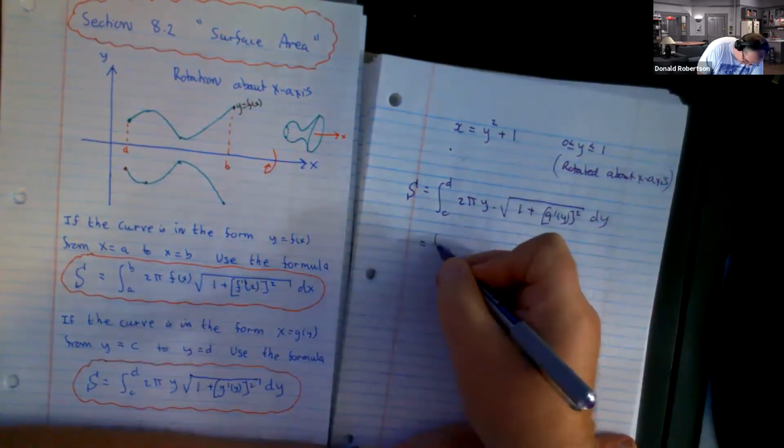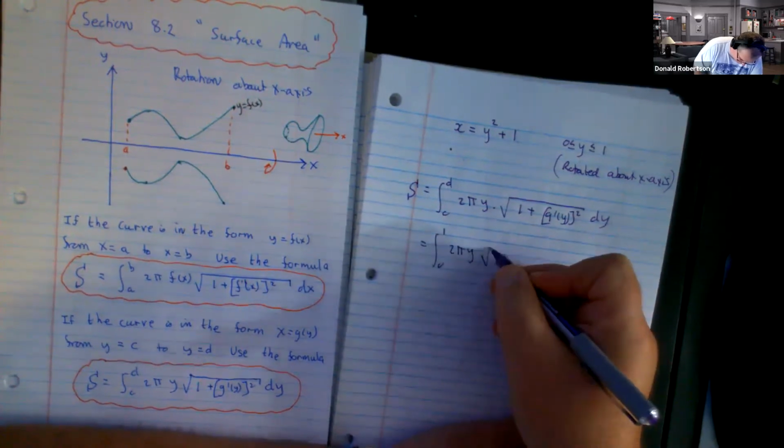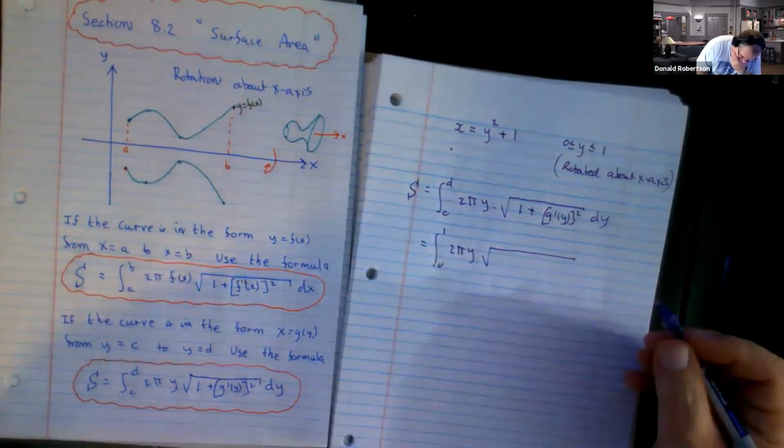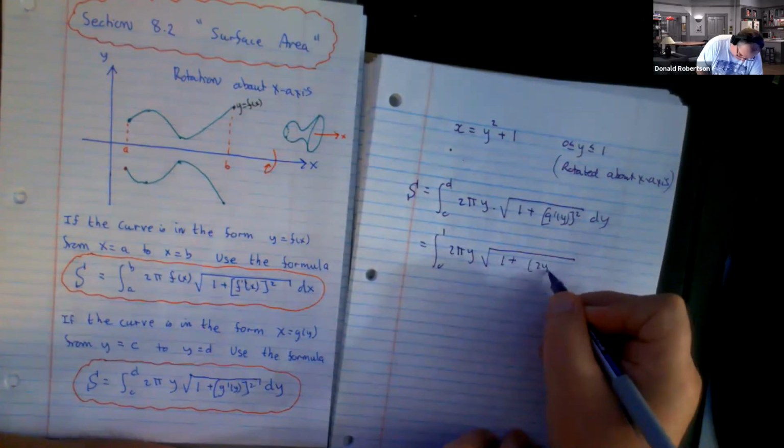So it's the integral from 0 to 1, 2 pi y, and the square root of 1 plus, if you differentiate this, you get 2y, squared.